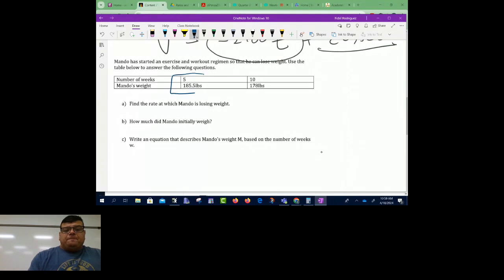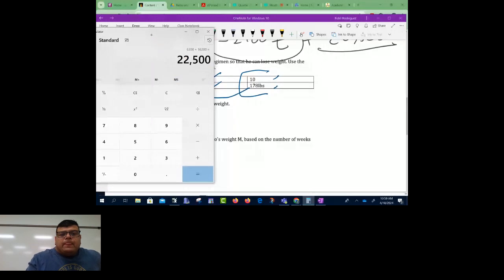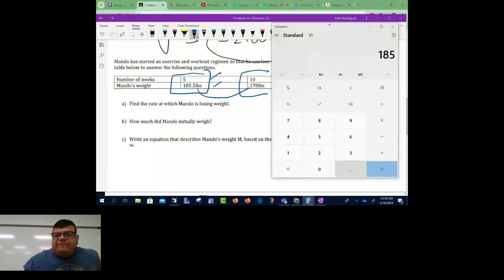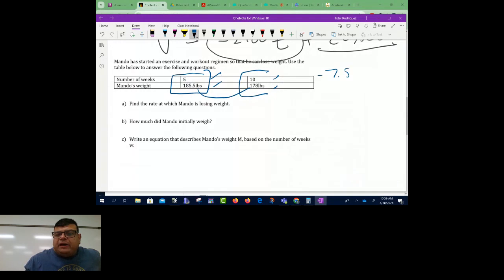Let's do this. We know that in week 5, he was weighing 185.5 pounds. In week 10, he had gone down to 178 pounds. Let's figure out how much weight he lost, okay? So let me move this guy over here. 185.5 minus 178. Y'all, he lost 7.5 pounds, right?